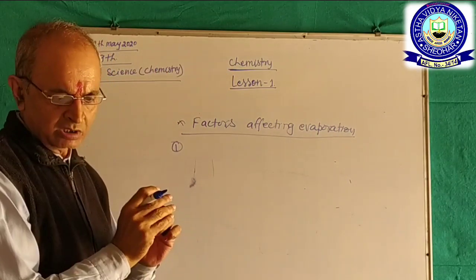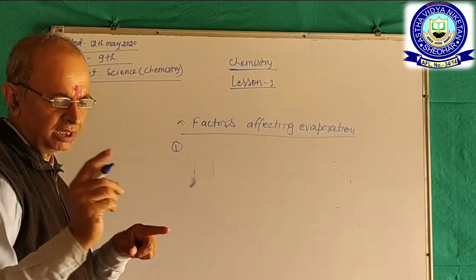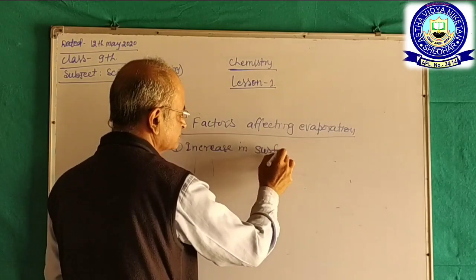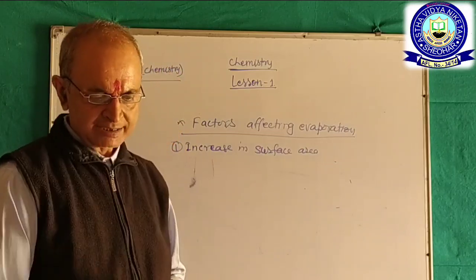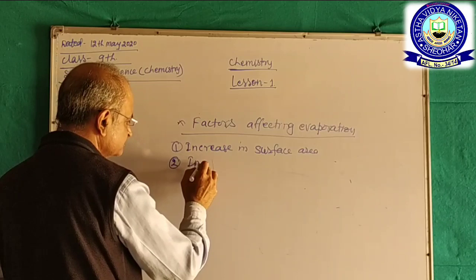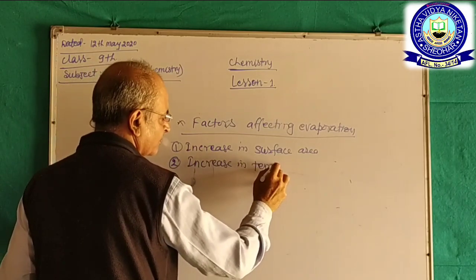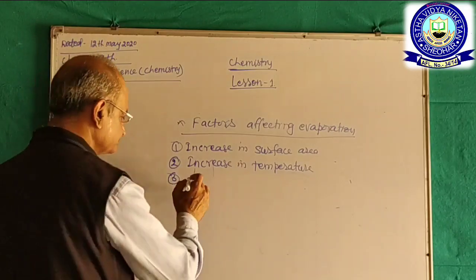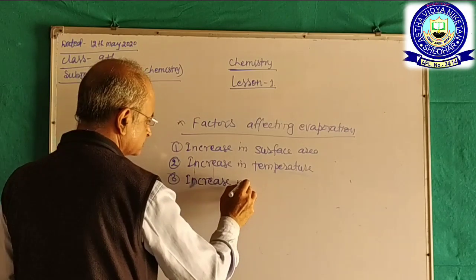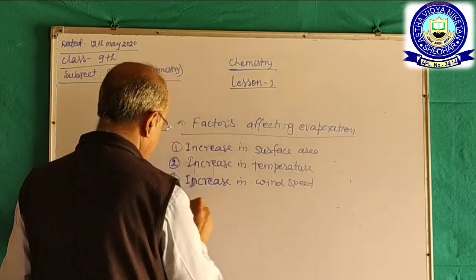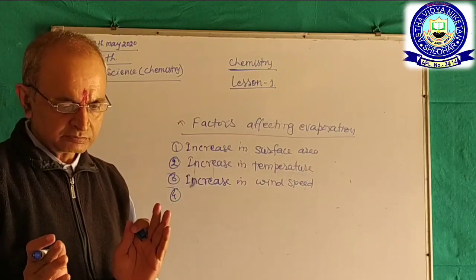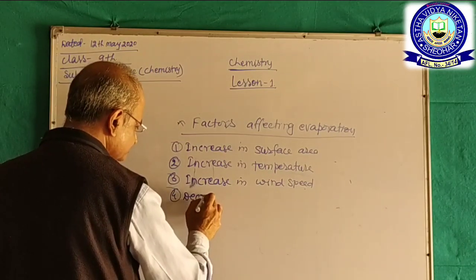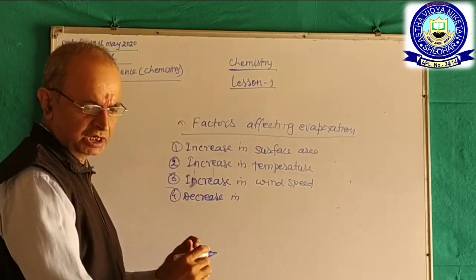The rate of evaporation increases with the following: first, increase in surface area; second, increase in temperature; third, increase in wind speed; and fourth, decrease in humidity.